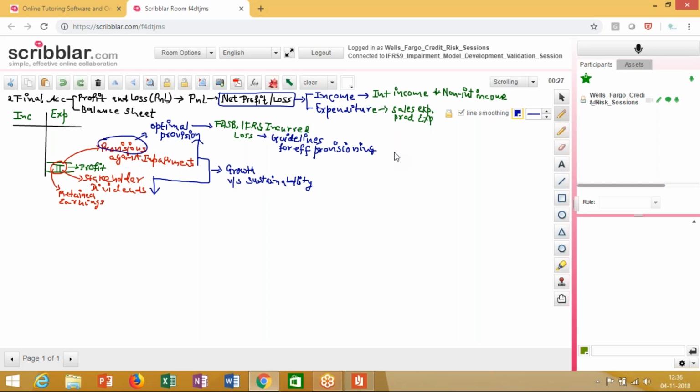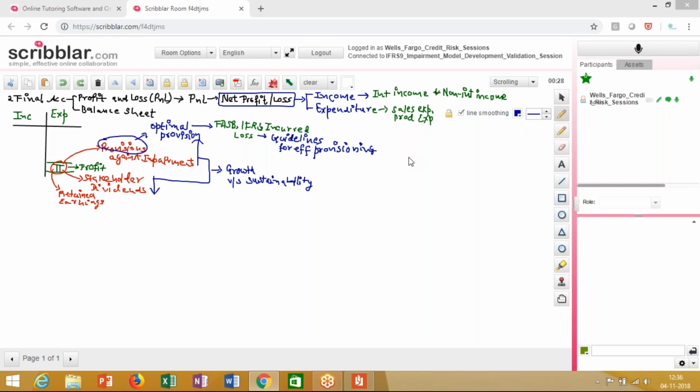So Tanmay, the same thing is what Basel is doing; the only difference is the naming convention. No, IFRS 9 is provisioning, and in Basel it says capital adequacy ratio. Over there also we are setting aside a certain percentage against expected loss. Yeah, but your expected loss is not the sole objective of Basel. Your expected loss is computed over there so that you can reach your unexpected loss.